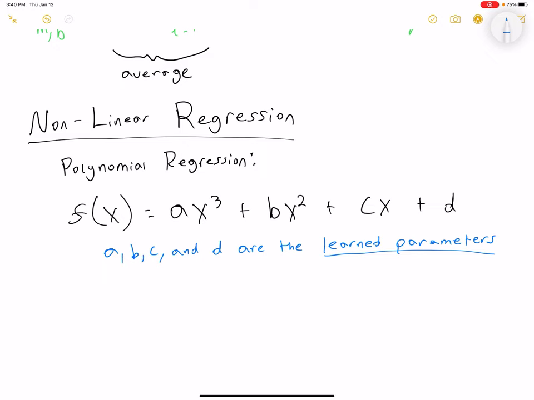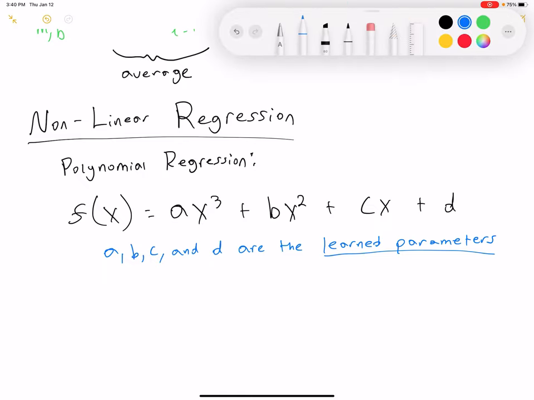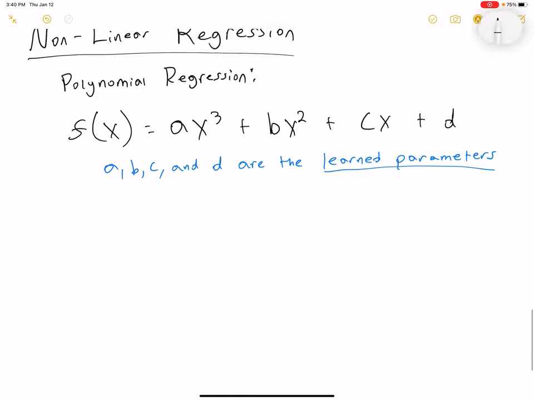Okay, so that's nonlinear. That's polynomial regression. You know, we could also have other types of nonlinear regression. So we might also have, for example, f of x equals theta 0 x1 squared.